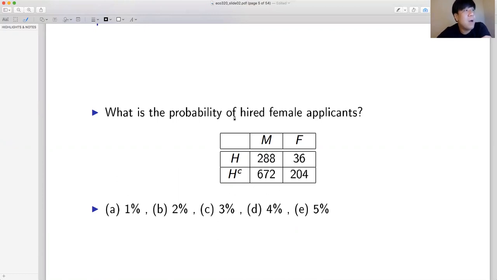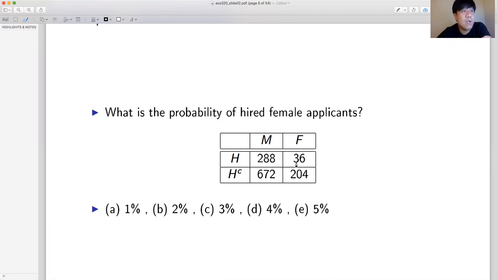So, the probability of hiring a female applicant. Somebody is hired and they are female, right? Then there are 36 people here. So the answer is 36 divided by 1200, that is 3%.